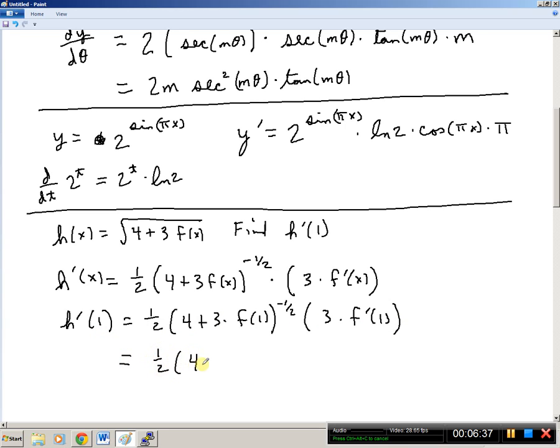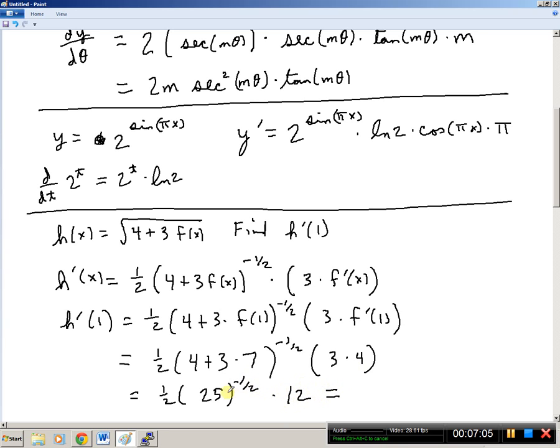So this would be 4 plus 3 times f of 1, which was given to be 7, to the negative 1/2 times 3 times f prime of 1, which was given to be 4. So this is going to be 1/2 of, this is 21 plus 4 is 25 to the negative 1/2, and this is just going to be 12.